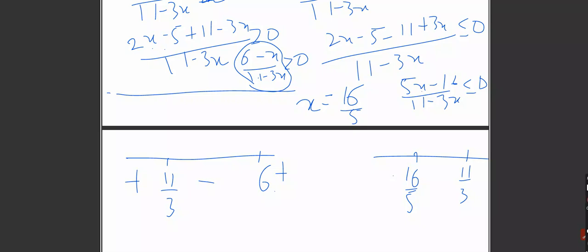If I put 0 in this equation, I get negative. So negative, positive, then negative. Is that clear?